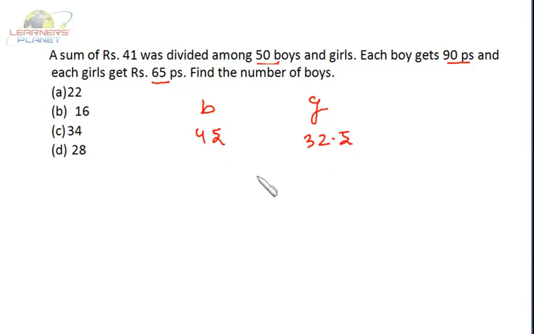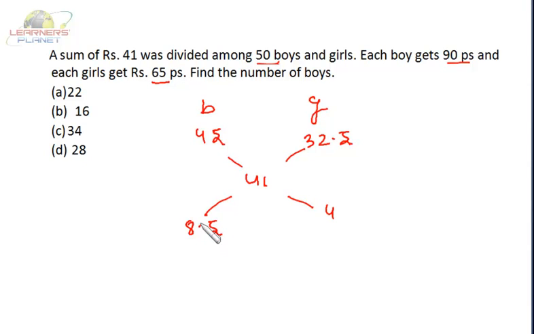But the actual amount is what? 41. Okay, so just find out the ratio. 45 minus 41, it is 4, and 41 minus 32.5 is 8.5.